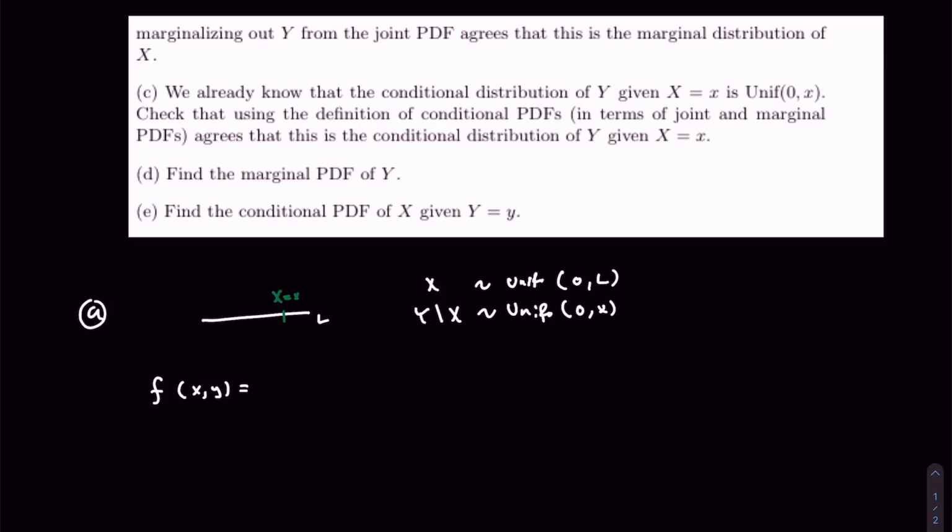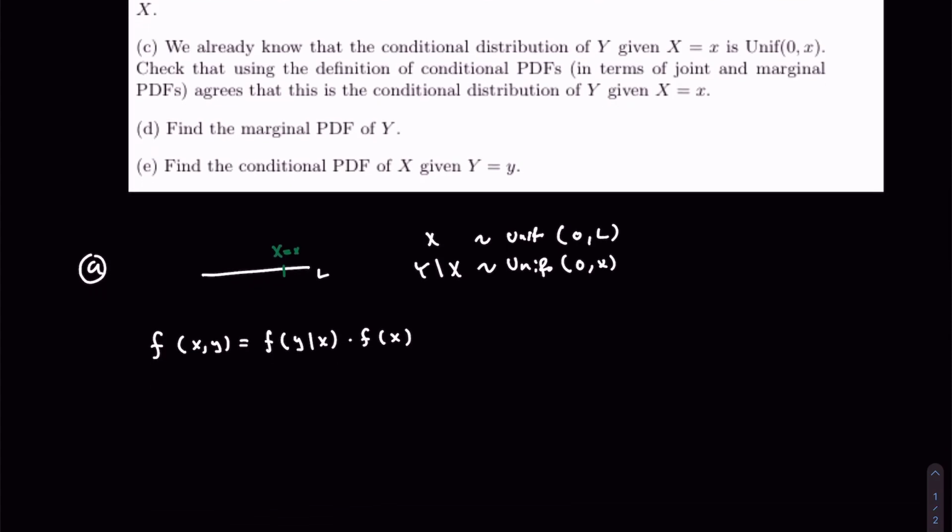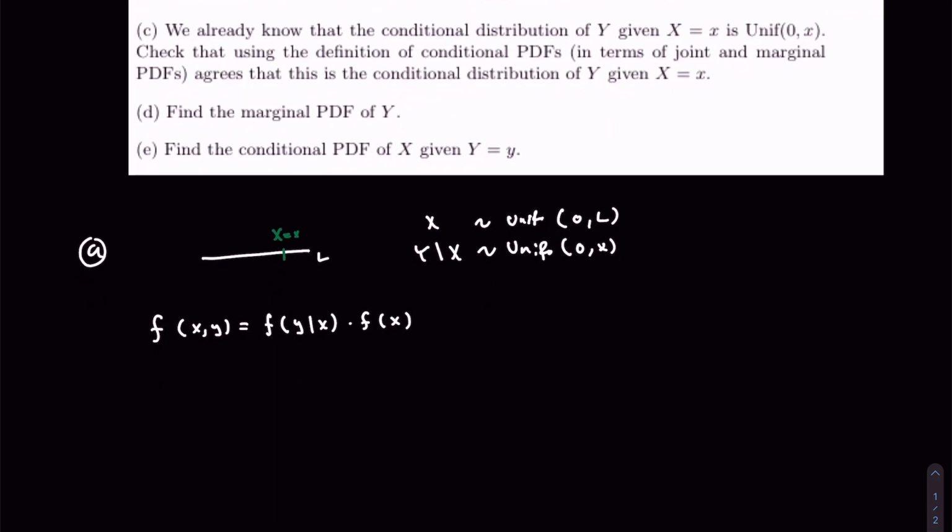So using the law of total probability, we can write little f of y, conditional on x, times f of x. Because these are uniform, we know that any uniform density has the value of the inverse of its length.